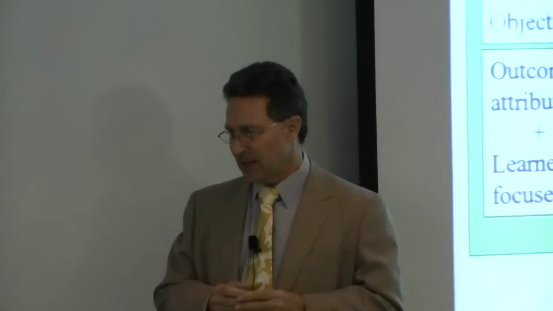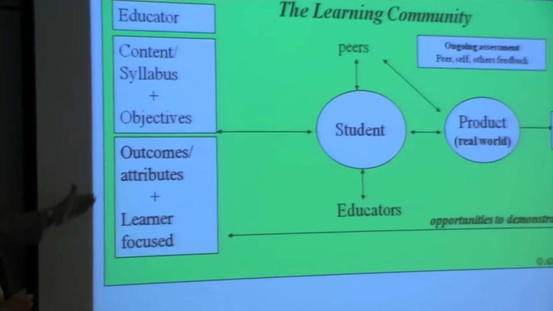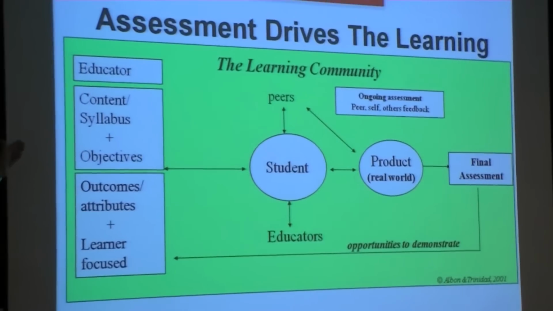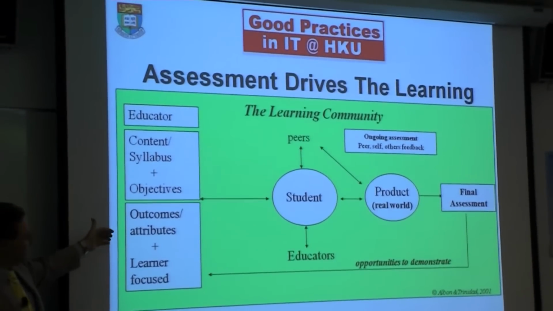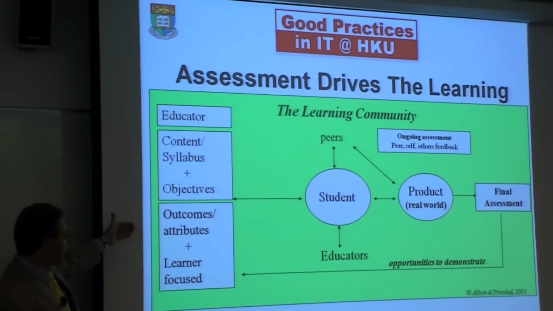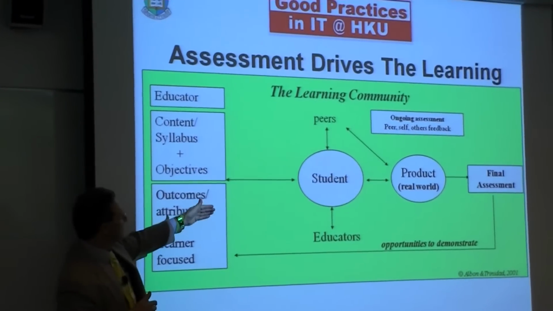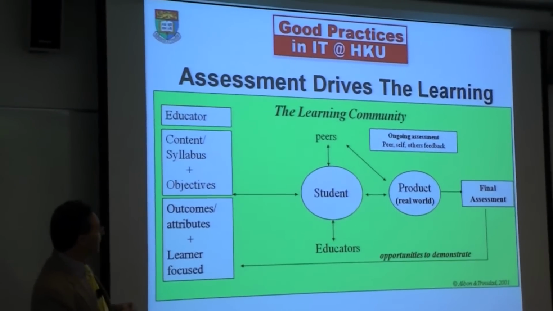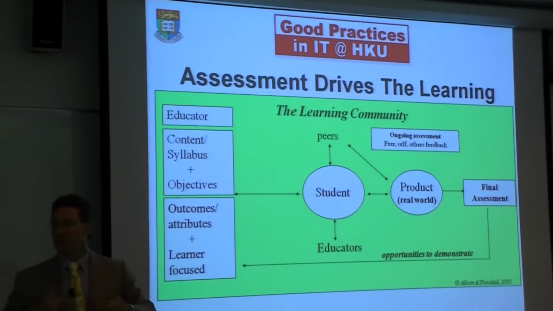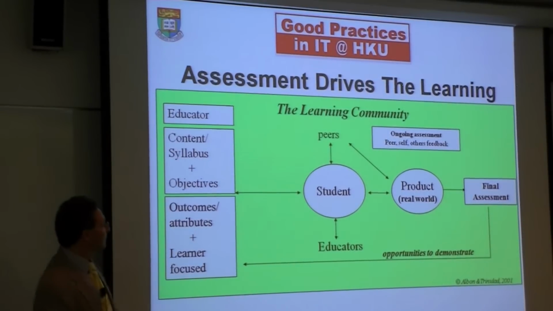We try to create a learning community where the student is the centre, and we as the teachers are down on the left-hand column here with some of our ideas in terms of the content syllabus, the learning outcomes, the attributes that we want our students to be able to achieve by the time they finish it, and we try to keep the whole thing very much learner-focused, working very much with their peers, and their peers are providing them with formative assessment as we go through the semester.